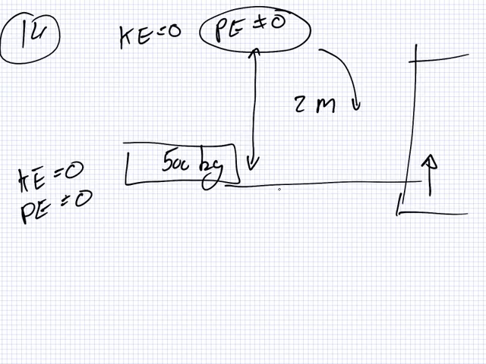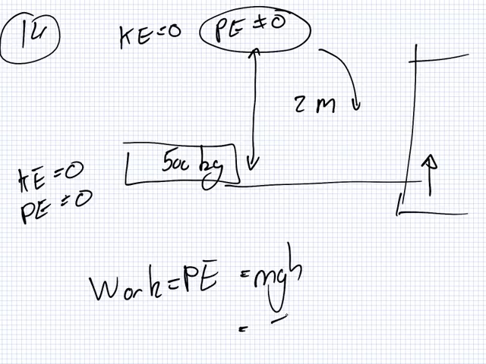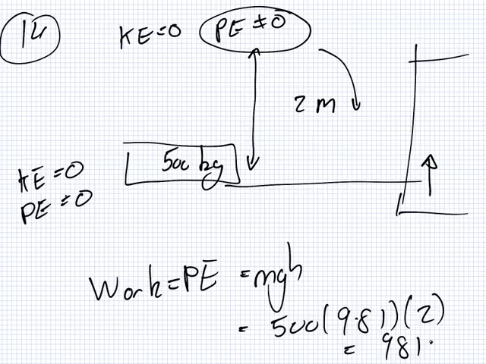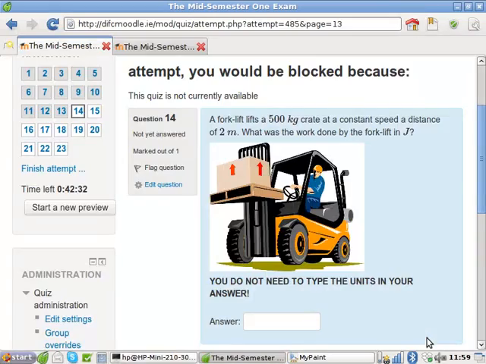So the amount of work that the truck did was to give it the potential energy. So it's just mgh, which is 500 times 9.81 times 2, which is 9810. Now what unit did I want? I said give it in joules. So 9810.